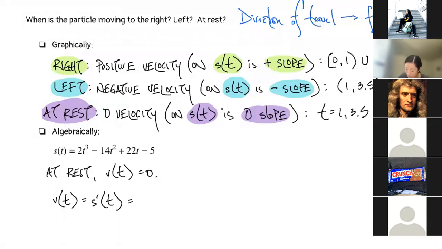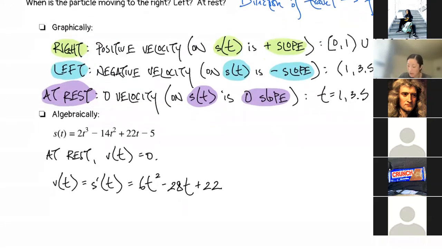Okay. And so when we take that derivative, we'll end up with, let's see, 6t squared minus 28t plus 22, and then a minus 0 at the end. Okay. Now here's my derivative. So I'm going to set that equal to 0.